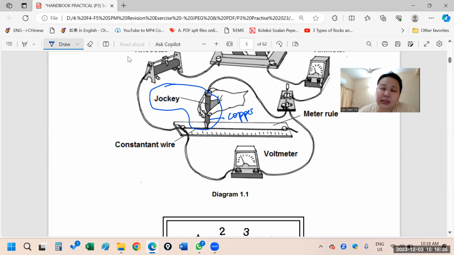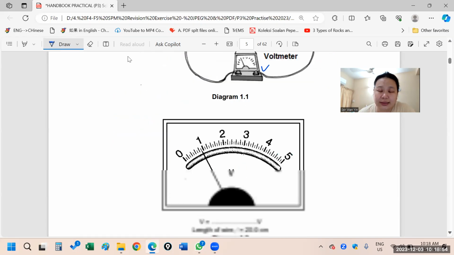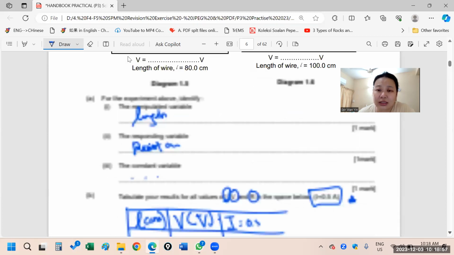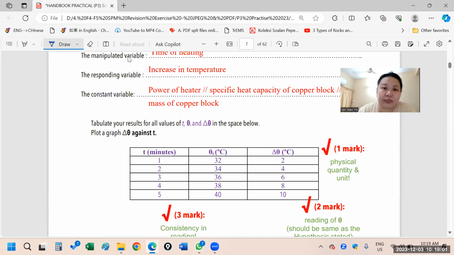If we buy this, we can buy a lot of crocodile clips already. So the jockey can be treated as a crocodile clip. Just touch here, then see here. I don't think they have a jockey, too expensive. So they might use something to replace it.